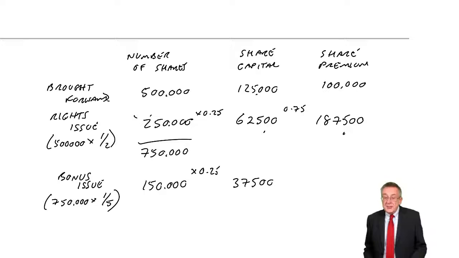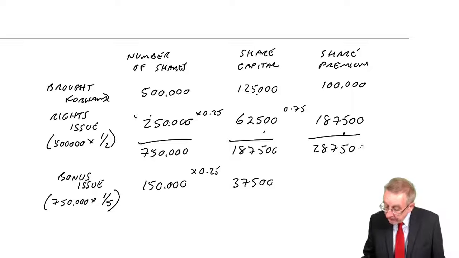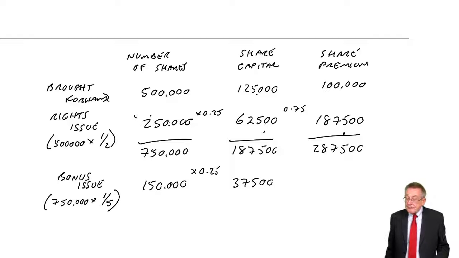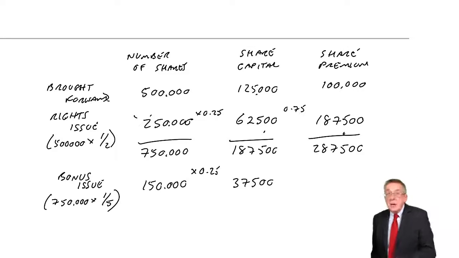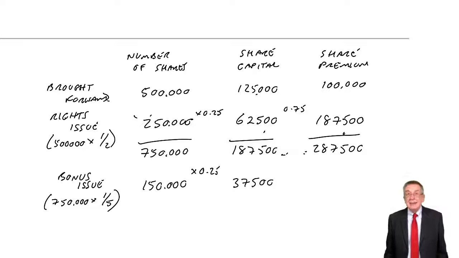Before we made this issue, shareholders were owed 187,500 on share capital and 287,500 on share premium. So before this bonus issue, the total owing to shareholders on the statement of financial position would be the total of those two together.